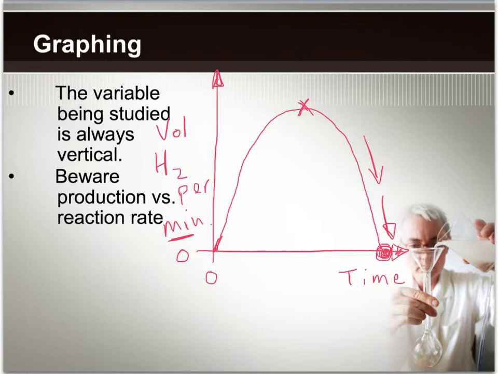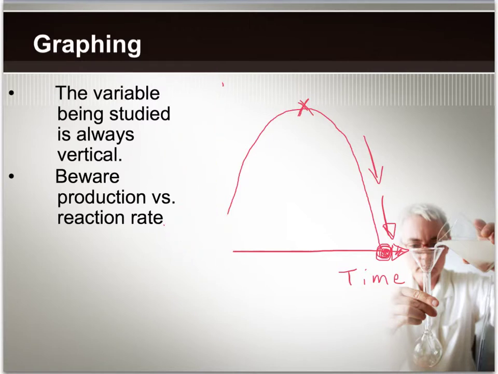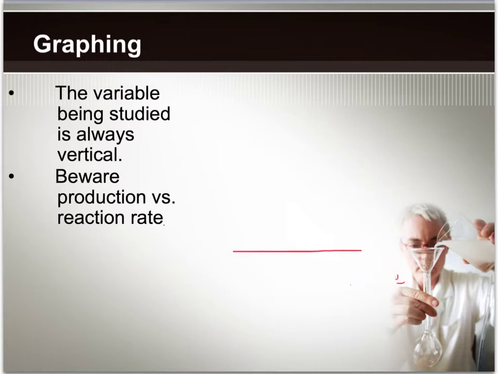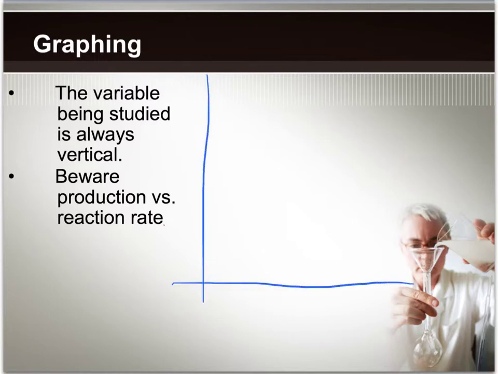The big difference that we would see if we were comparing this with the absolute quantity of hydrogen being produced is really the entire shape of the graph. Let's just erase this now. We would have our vertical axis here and horizontal here.